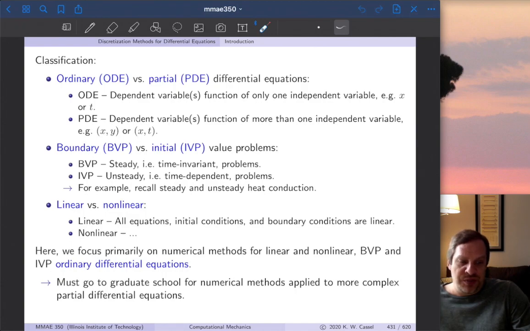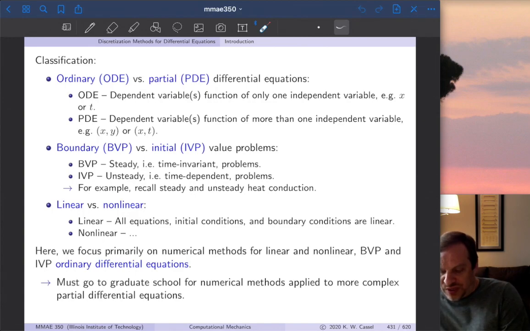There's nothing fundamentally different about them. It's just that ODEs only have one independent variable, usually x or t, whereas PDEs have more than one independent variable, and that's really the only distinction. And so we use D for ordinary and partial for partial differential equations, but again, there's nothing fundamentally different from a mathematical point of view.